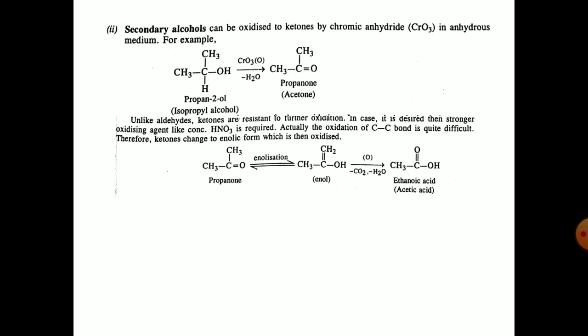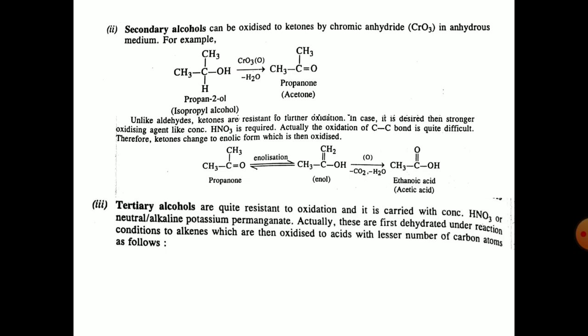So first you see, propanone is CH3 C double bond O CH3. This is propanone or acetone. First it is converted to enolic form, CH3 C(OH) double bond CH2. So that enolic form can undergo oxidation to form ethanoic acid as follows.